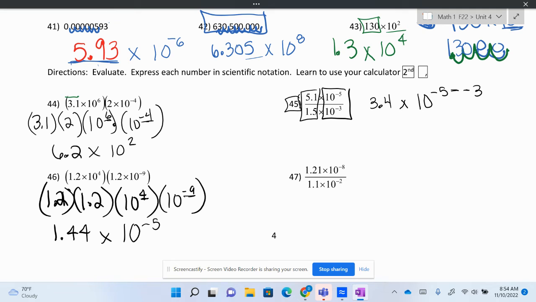Because I'm subtracting negative 3. What happens when I subtract a negative? Turns into a positive. What does negative 5 and a positive 3 become? So it really becomes 3.4 times 10 to the negative 2. So you guys do this one for me.